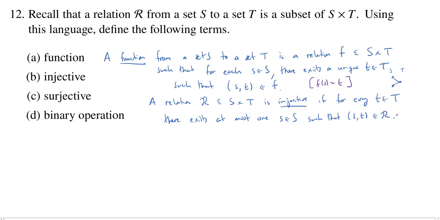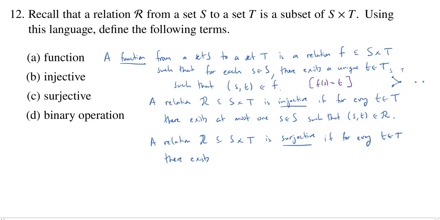Surjectivity is going to be almost identical, except for one small change in phrase. So a relation R, again a subset of S cross T, is surjective. Again, it's a codomain condition, so we'll start with an element of T. So if for every t in T, I'm just literally copying word for word until I get to this point where, instead of saying there's at most one, when you do surjectivity, the thing you can't have is nothing going into a dot.